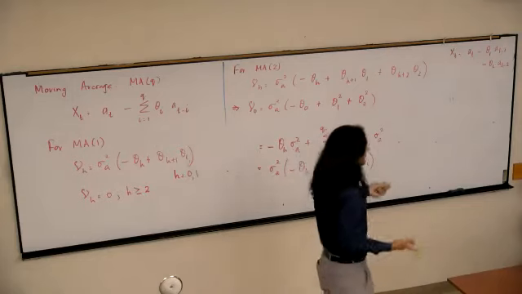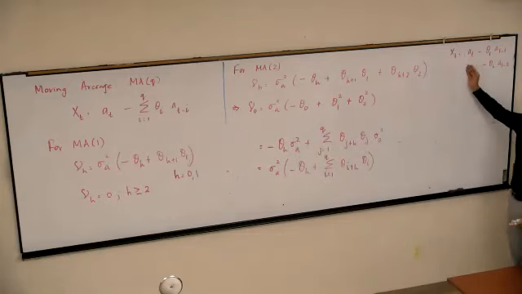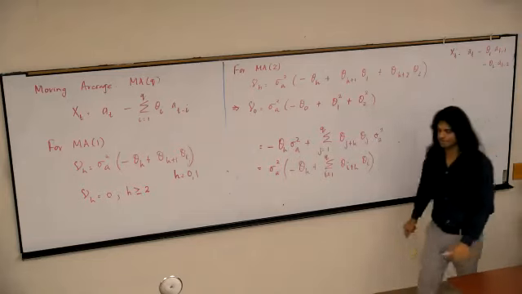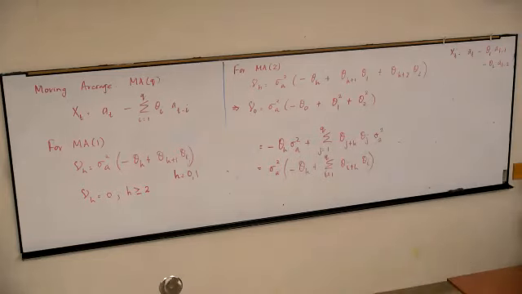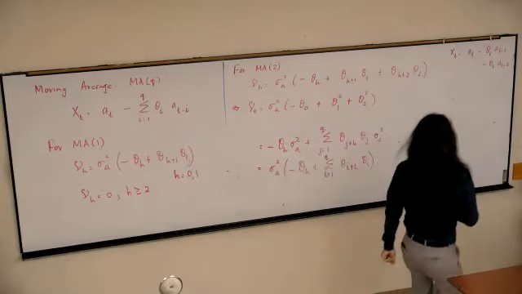And if a sub t has a mean of 0, when you take the expectation, theoretically, whether you have a +1 or -1, the expectation will be 0, correct? So it really doesn't matter.